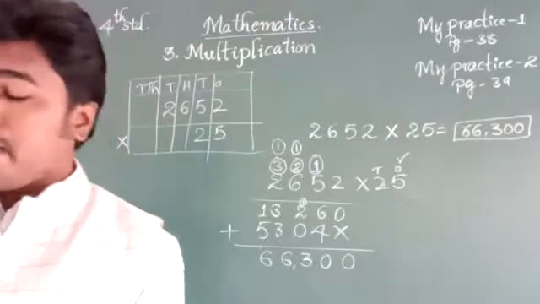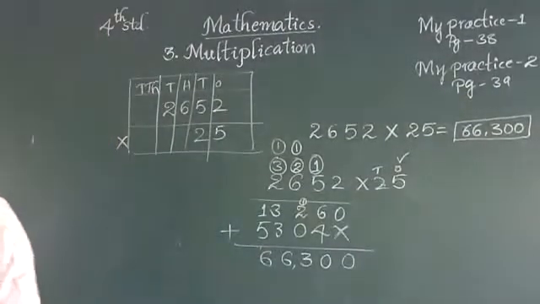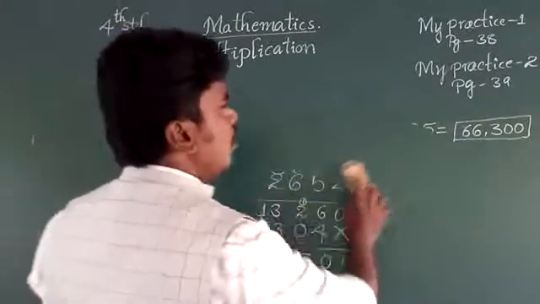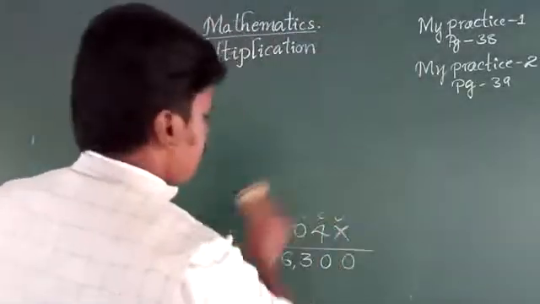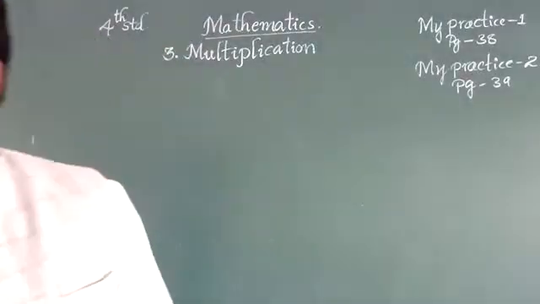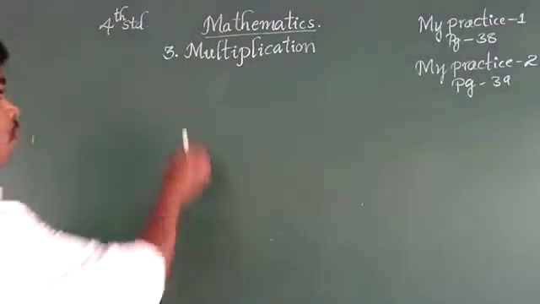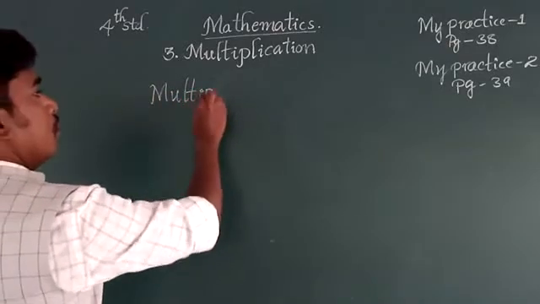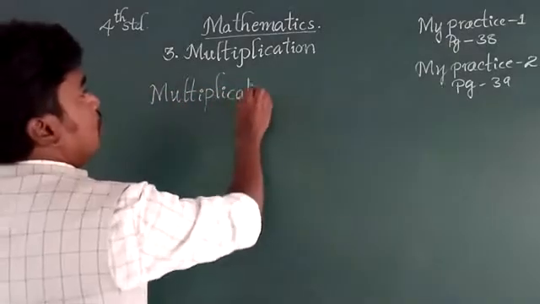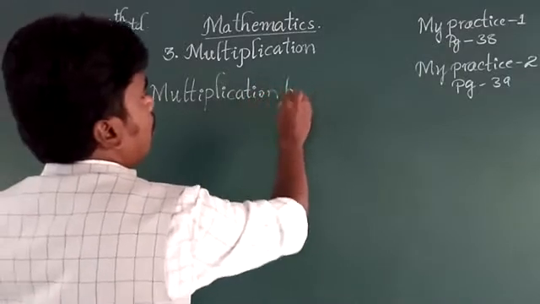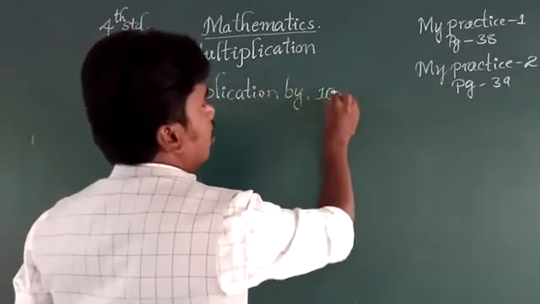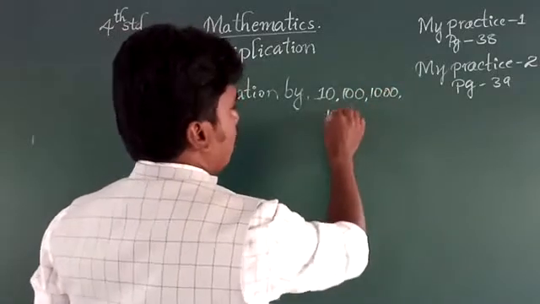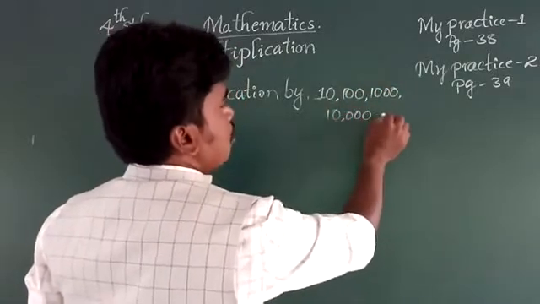So what is practice time third? It says multiplication of numbers by 10, 100, 1000, 10,000 and so on.